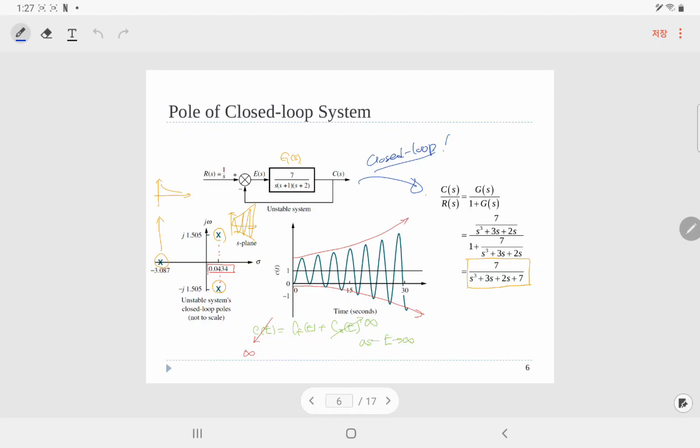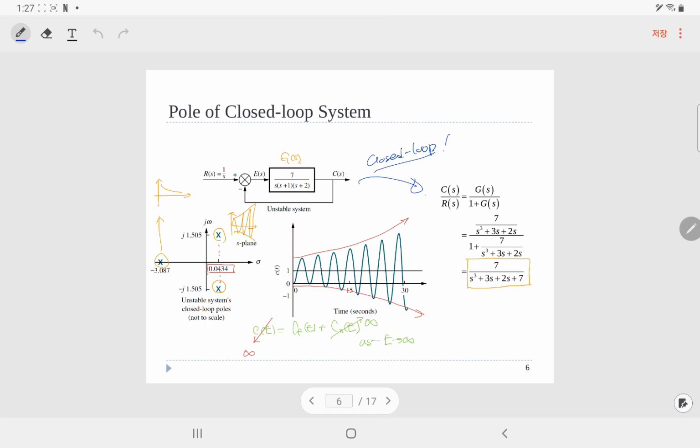Until now we have discussed that the closed loop system's stability can be checked by using the exact poles of the closed loop system. However, for high order systems, the calculation of exact poles of large scale closed loop systems may be cumbersome or maybe not possible.